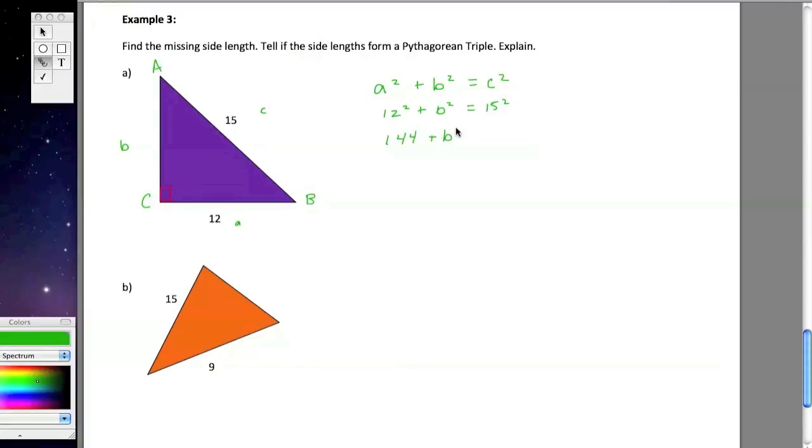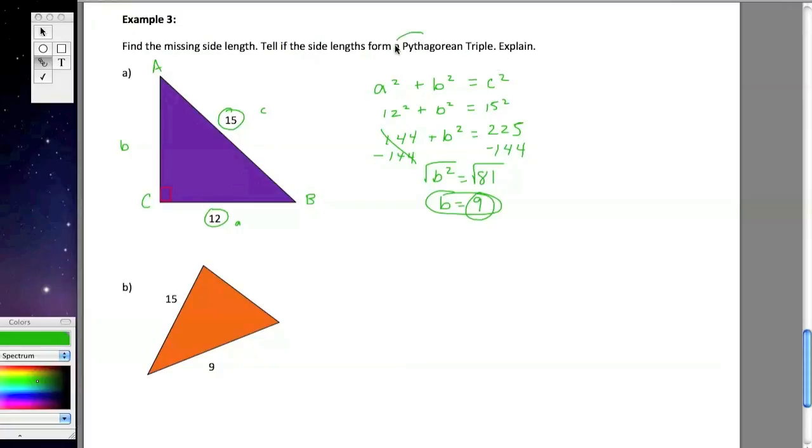144 plus b squared is equal to 225. Okay. And when we do that, we subtract 144 from both sides. We get b squared is equal to 81. And so we are going to end up with the square root of this, square root of this. So b is going to be equal to 9. Okay? Now, you'll notice 5, 12, and 9 are all whole numbers.